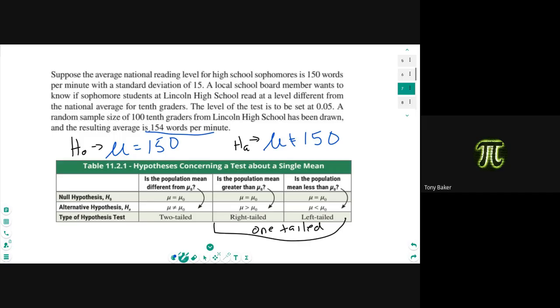So for this problem, is it one-tailed or two-tailed? It is two-tailed. Does everybody understand why it's two-tailed? That will make a big difference, because depending on where you're putting the percentages, that can make a change in what you're looking at.